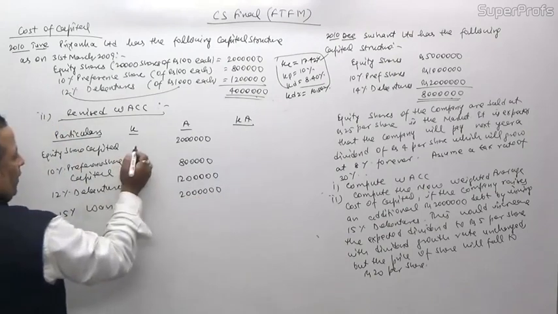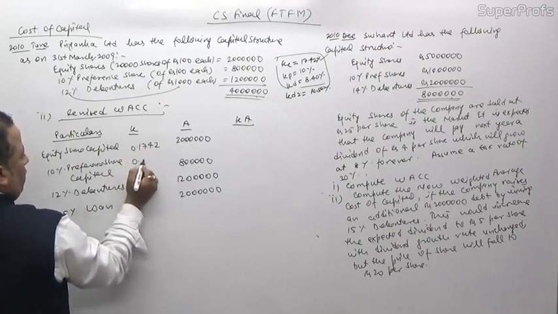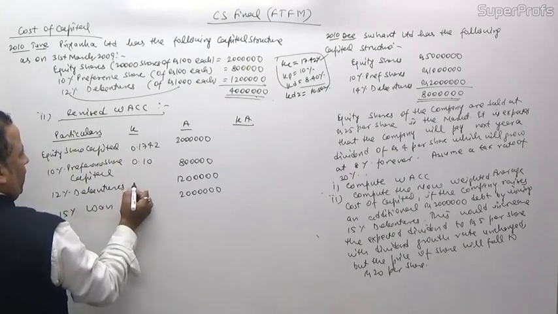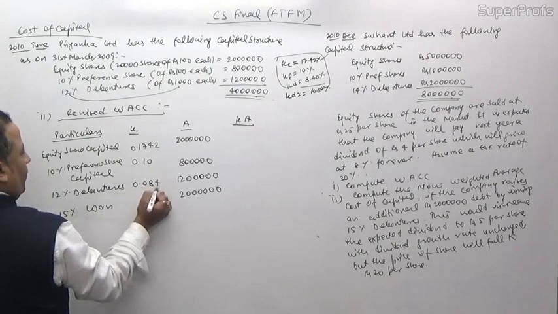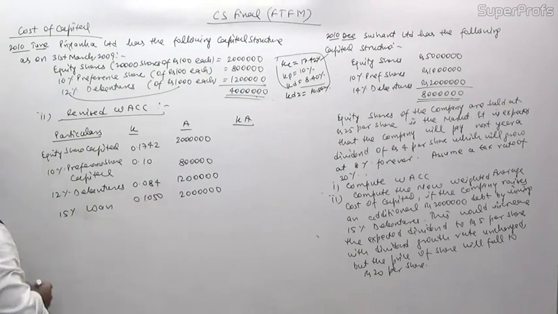The cost of equity is 0.1742. The cost of preference share is 10%. The cost of debt is 8.4% and the cost of loan is 10.5%.